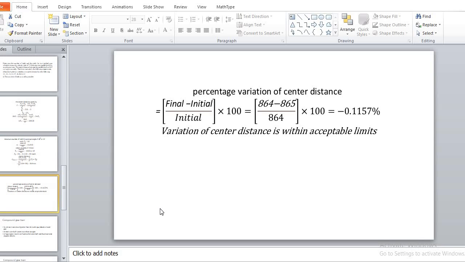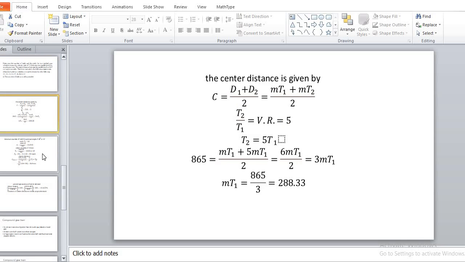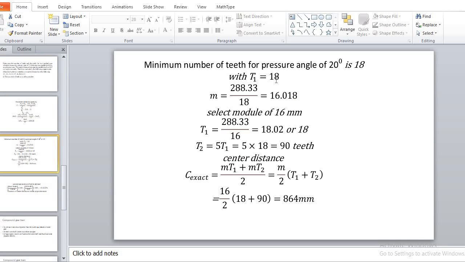So in this numerical, first we consider the number of teeth, 18. From this 18 teeth we find the m value. Now this m value is not available in the given data, so from the given data we consider the value very near to it, which is 16 millimeter.